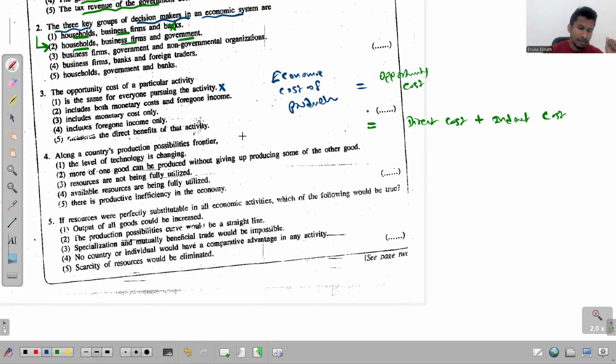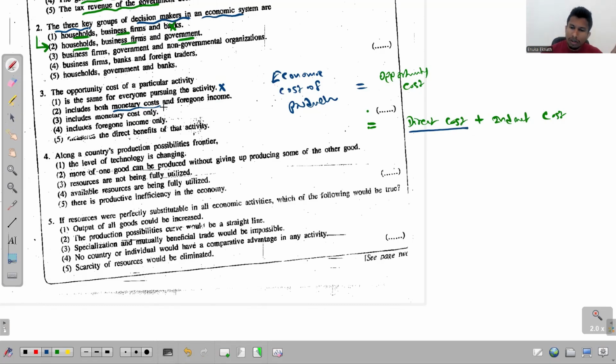So if you remember that very first quality related to opportunity cost, you will not select this as the answer. The second one says it includes both monetary costs and foregone income. In this statement, monetary cost refers to the direct cost, all the cash payments you make to the resources that you take from the outside environment.